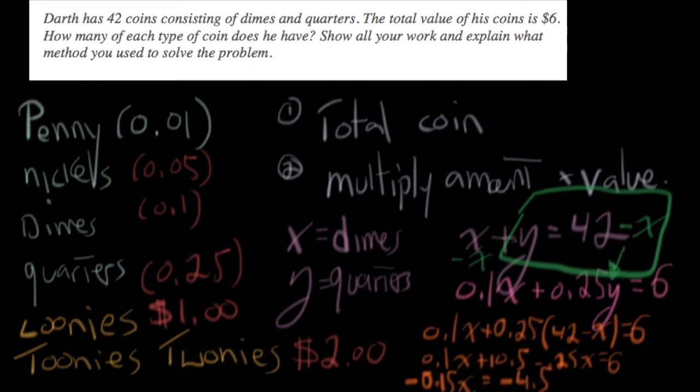Divide both sides by 0.15, and you would get 30. X is equal to 30. So you know that there are 30 dimes. If there are 42 coins in total, then there must be 12 quarters. And there you go. That's how you do coin questions.